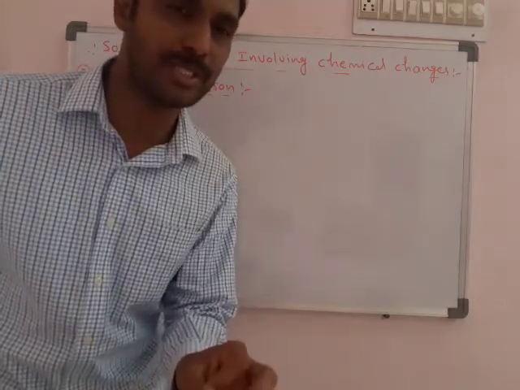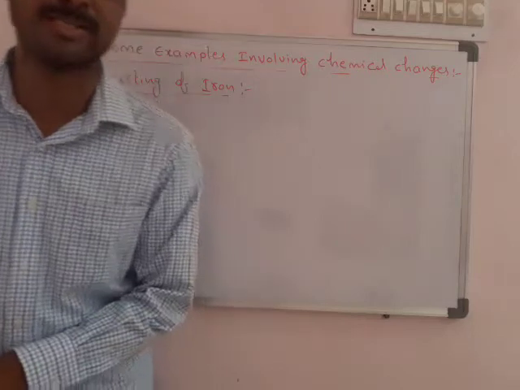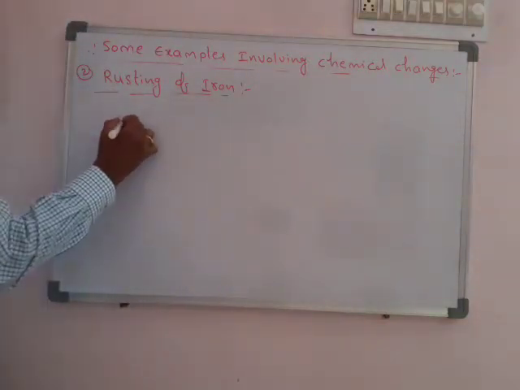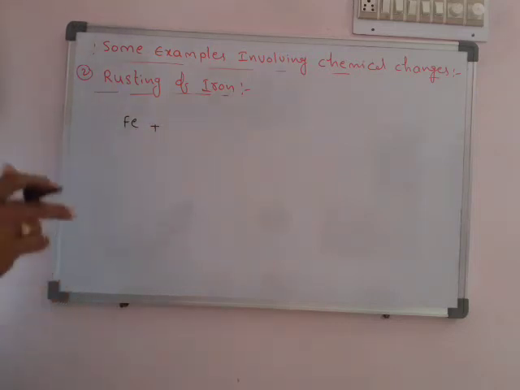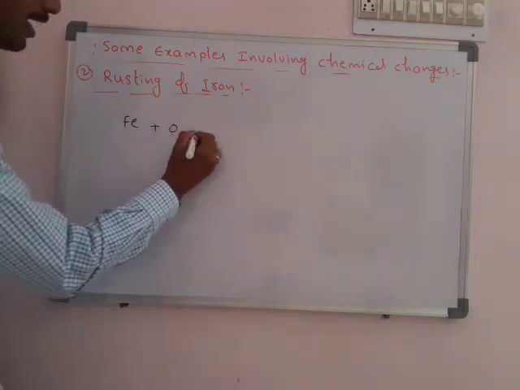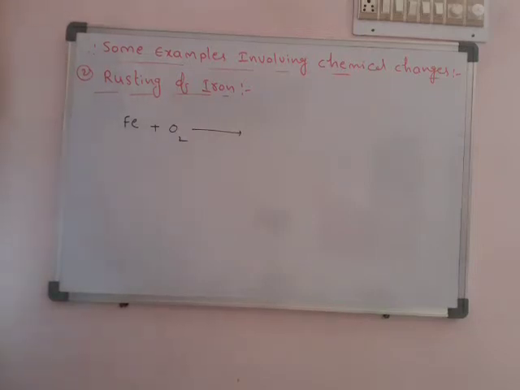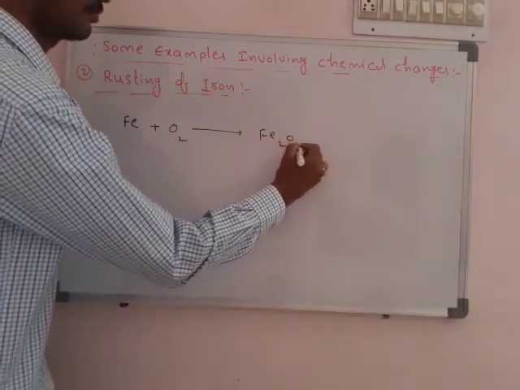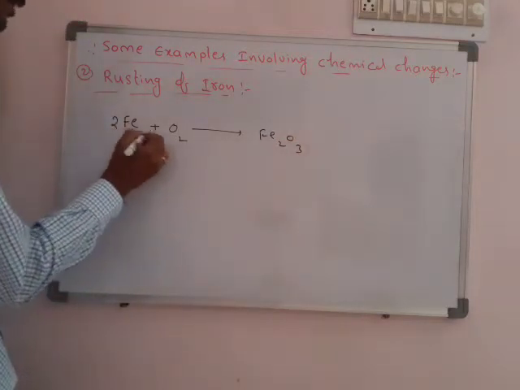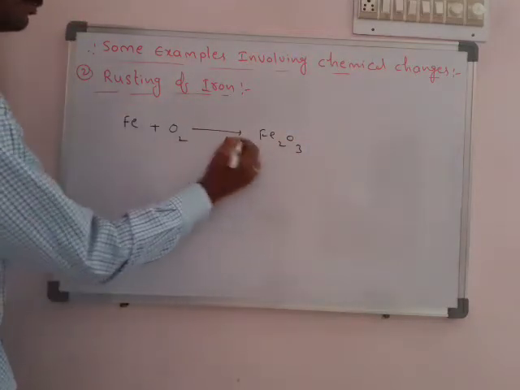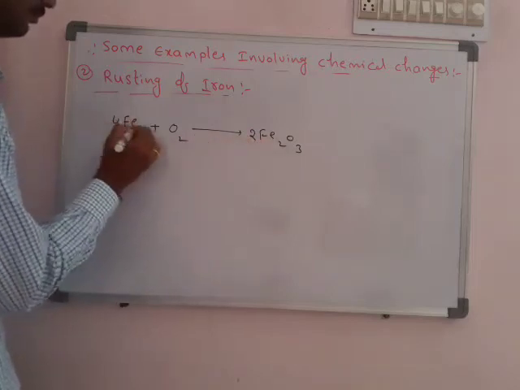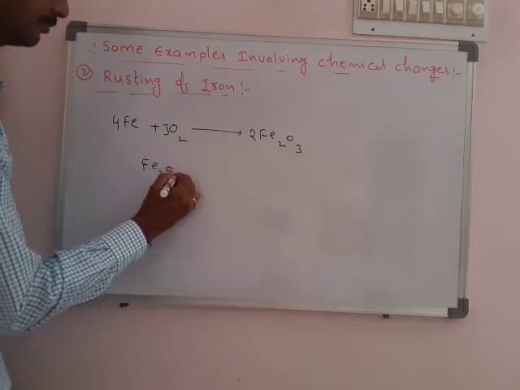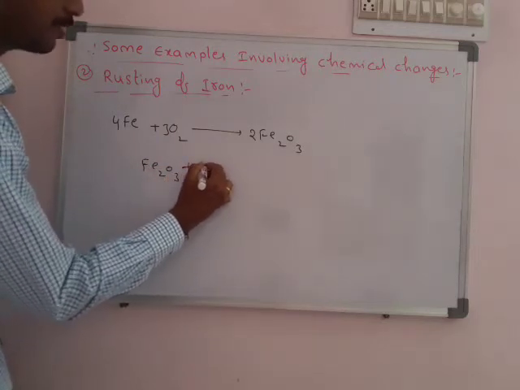What happens during the rusting of iron? At first iron reacts with oxygen of air, forming iron oxide, that is called ferric oxide. Again this ferric oxide combines with some water molecules.